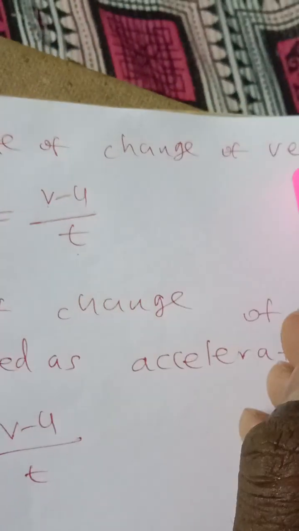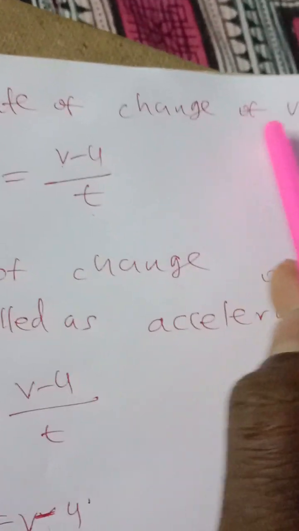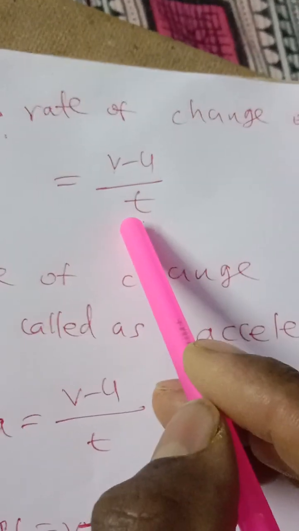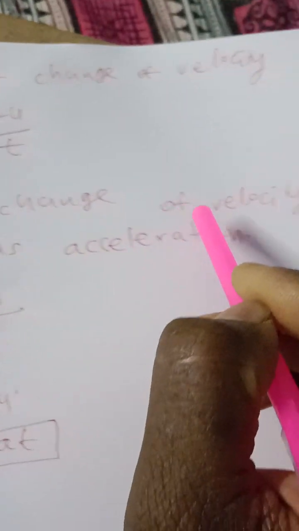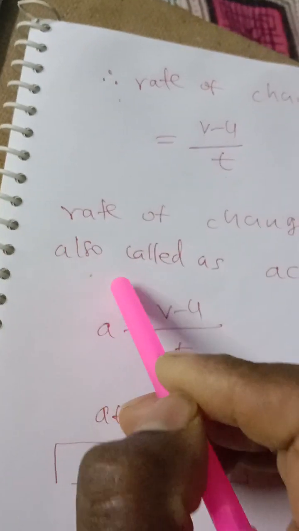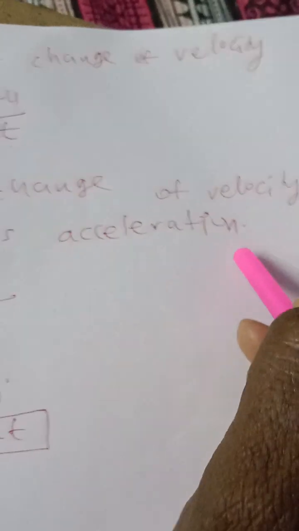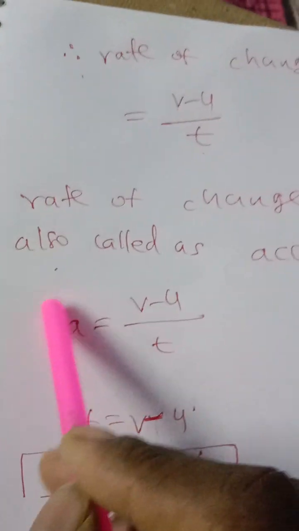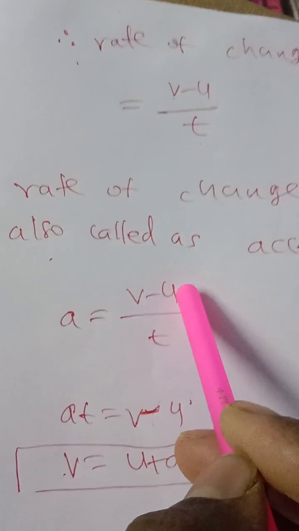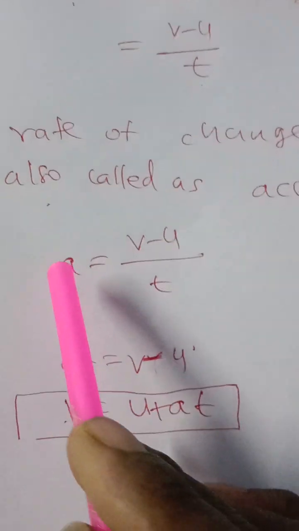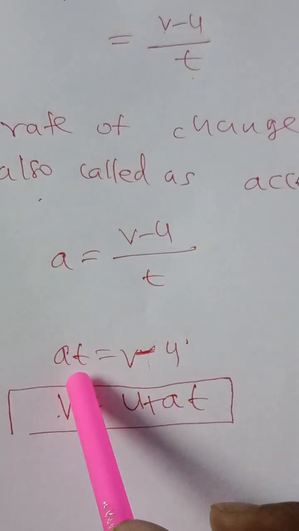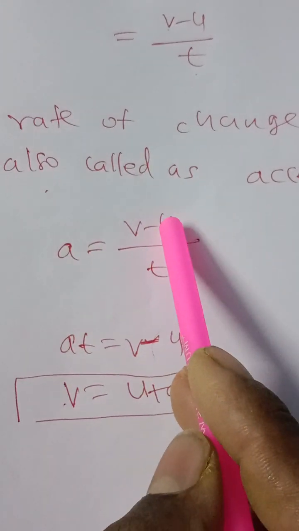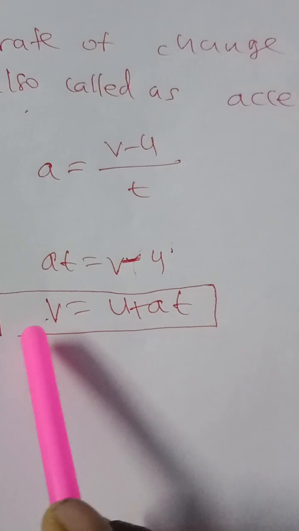Rate of change of velocity is equal to v minus u divided by t. This rate of change of velocity is also called acceleration. Therefore, we can write that acceleration a is equal to v minus u divided by t. Cross multiply: a into t means at is equal to v minus u.